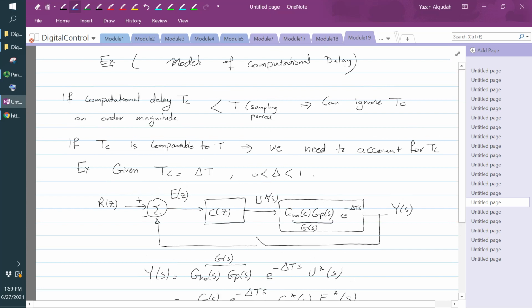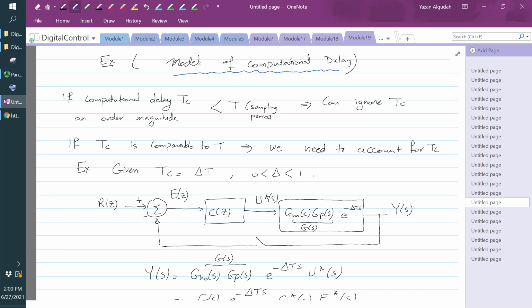another example. And in this example, we're going to consider what happens if we have computational delays. So what happens if, when I'm calculating, for instance, the filter, the computer is doing the calculation for the signal that's going to be applied to the plant, and the calculation takes a time that is comparable with the sampling time.